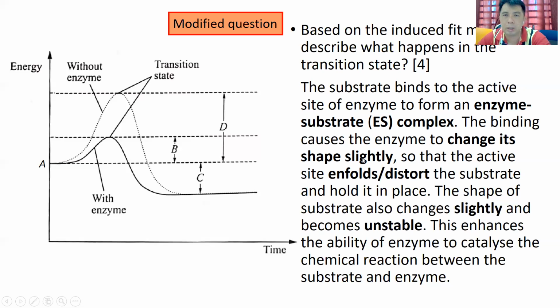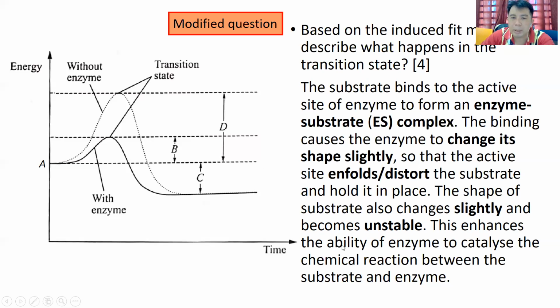This is what we call induced fit, so that the active site enfolds or distorts the substrate and holds it in place. The shape of the substrate also changes slightly and becomes unstable. This is what happens in the transition state.